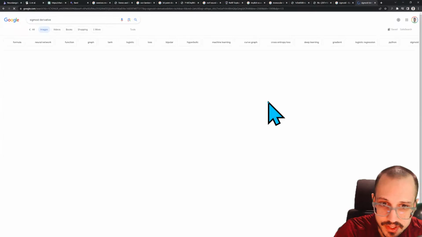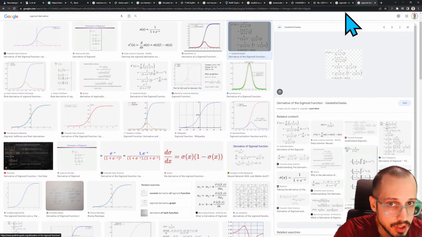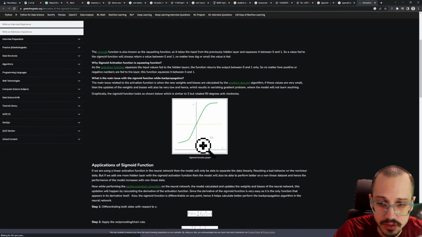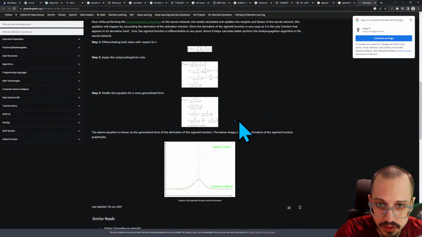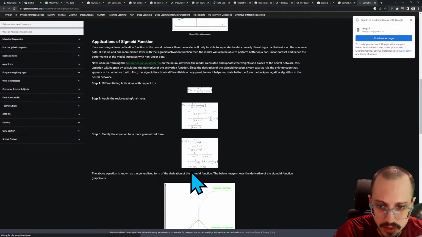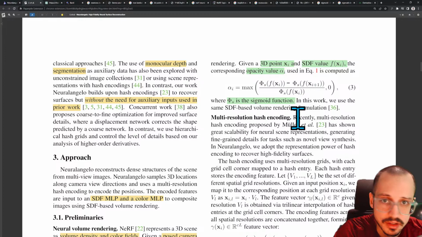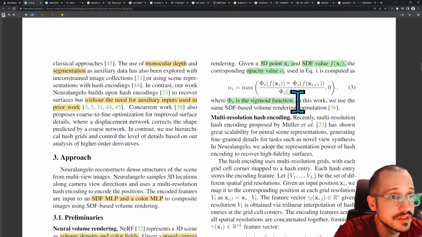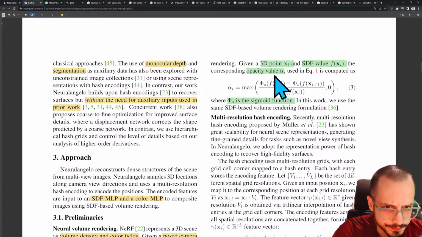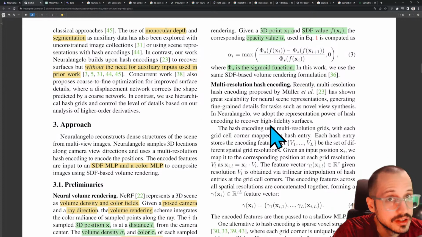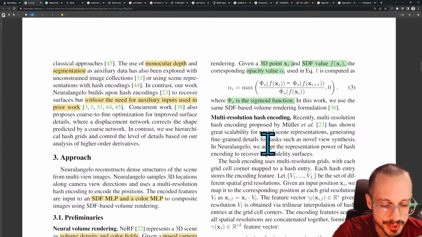That's what the derivative of the sigmoid is. Yeah, so maybe it kind of is, right? I can kind of see how this would maybe look like the derivative. I don't know. I don't know what the sigmoid derivative is off the top of my head, unfortunately. I had to look it up as well.